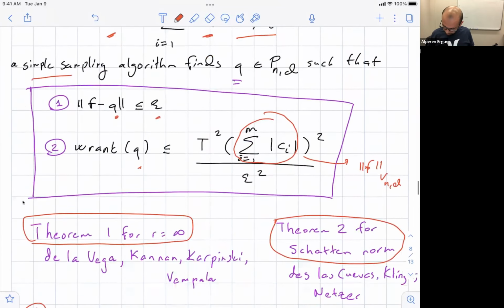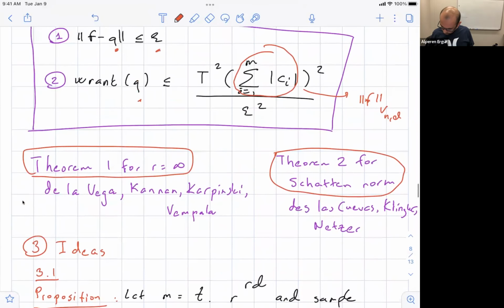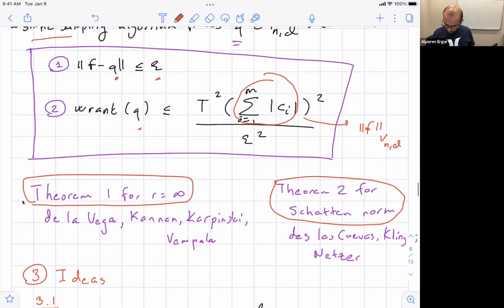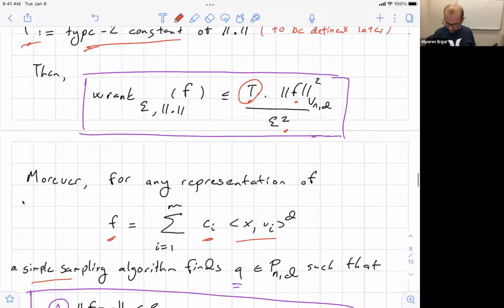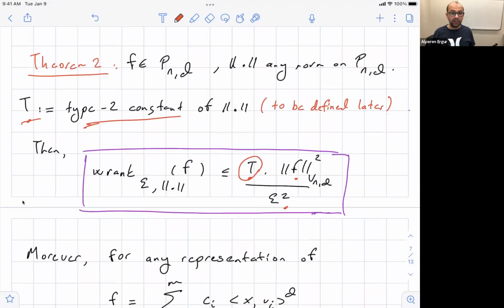And I found a paper by Desta Cuevas, Klingler, and Netzer. They have at least the idea of approximate decomposition, similar to the second theorem we have here. They only do it for a specific norm, Schatten norms, because their purpose was different. Here we are talking about approximate Waring rank.